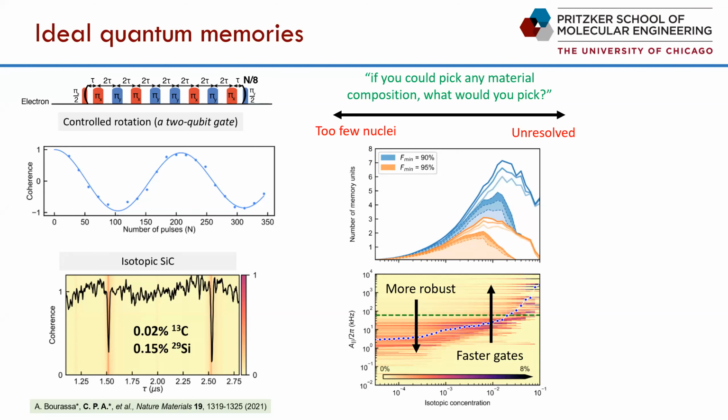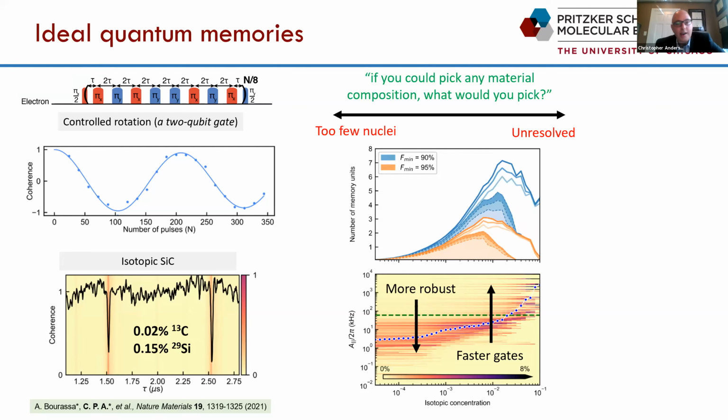Yes. There's a second thing that happens when you reduce the isotopic abundance of the nuclear spins in the environment, which is your lines become narrower and the coherence times naturally get longer. This is all wrapped up in this model we made, which is essentially using cluster correlation expansion techniques to high order. We model different nuclear environments at random and take averages over many instances of different possible nuclear configurations.